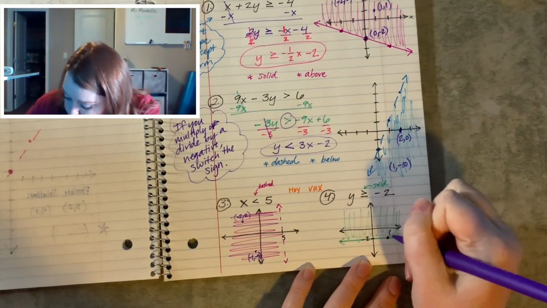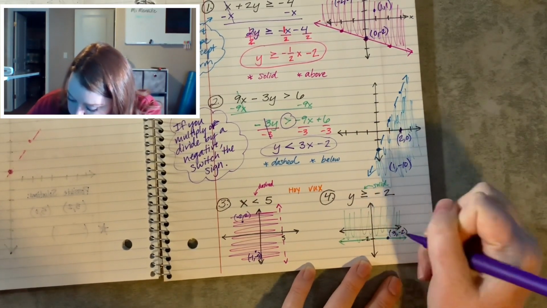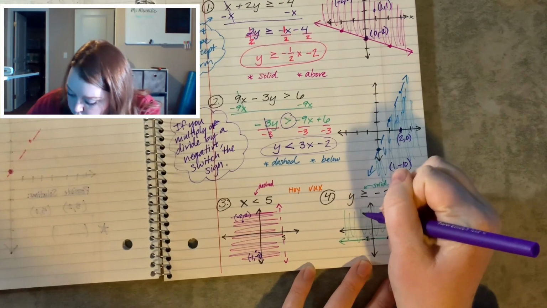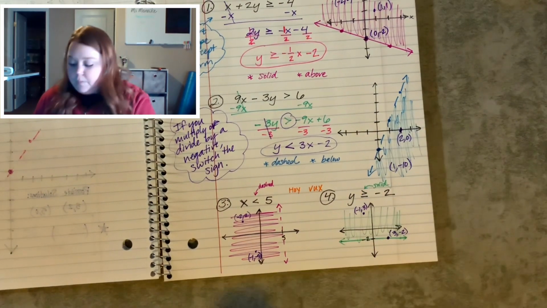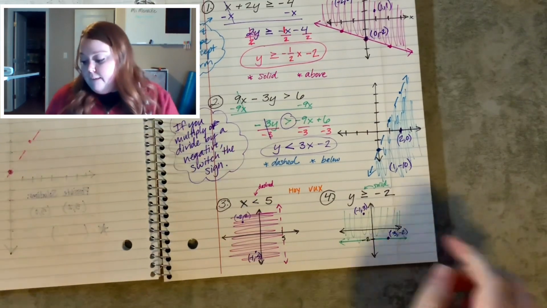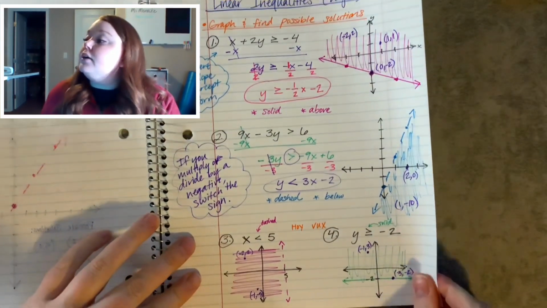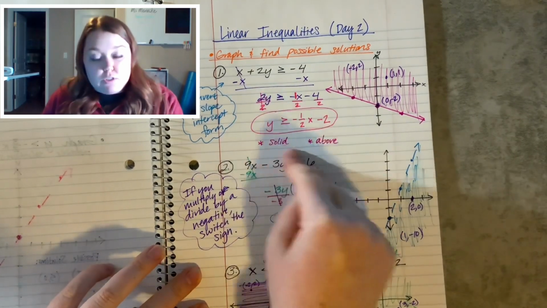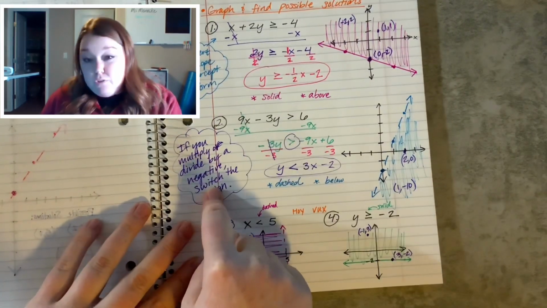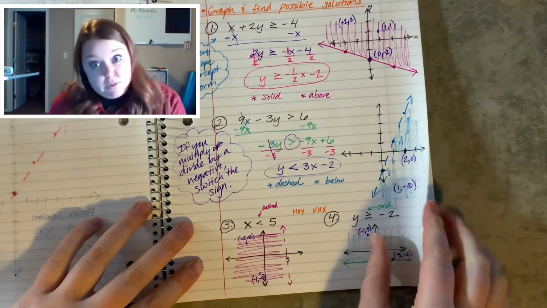So right here, if this was (3, -2), that's a solution. You could go up here to (-1, 3), that's a solution. Okay, so the main thing on this page: switch it to slope-intercept form. If you divide by a negative, flip the sign.